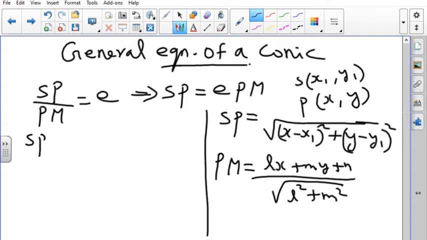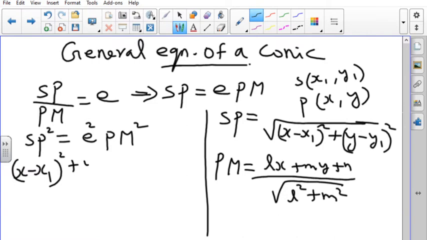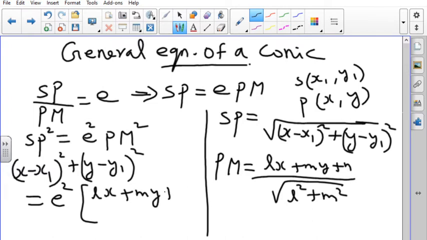Squaring both sides, you get SP square is equal to E square into PM square. So x minus x1 the whole square plus y minus y1 the whole square is equal to E square into Lx plus My plus N the whole square by L square plus M square, because we are squaring, the root is removed.